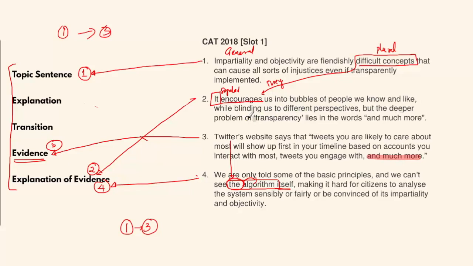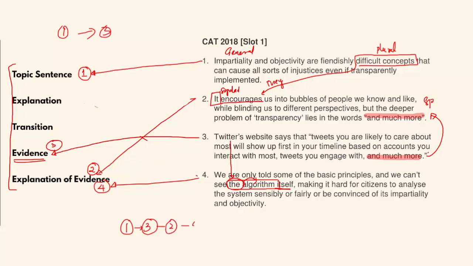But the deeper problem of transparency lies in the words 'and much more' in quote, ladies and gentlemen. So there is a direct connection from here to here. This is a general statement of what Twitter says, and this is specific, getting deeper into the whole discussion. Therefore, that should be the order.